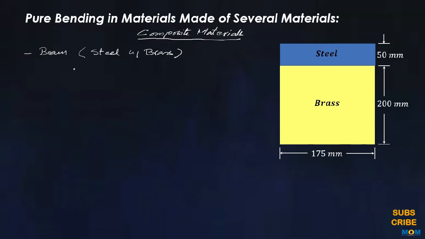Let's say the Young's modulus of steel is 200 gigapascal and Young's modulus of brass is 100 gigapascal, and these two materials are bonded together to make one beam structure. Now the Young's modulus indicates that the brass is not as stiff as the steel is.